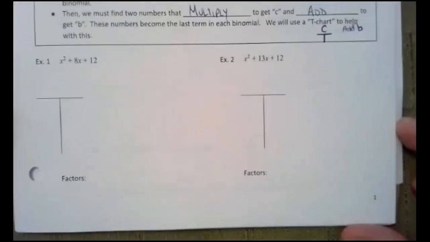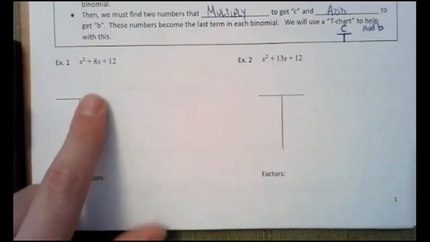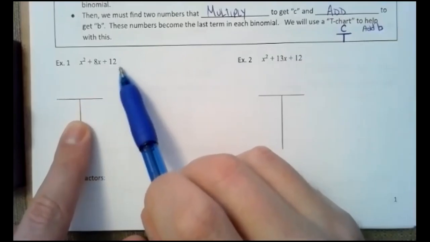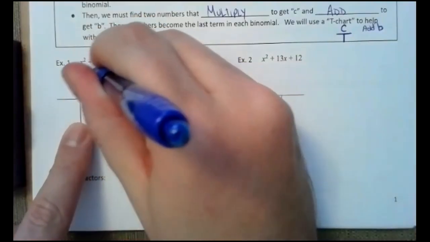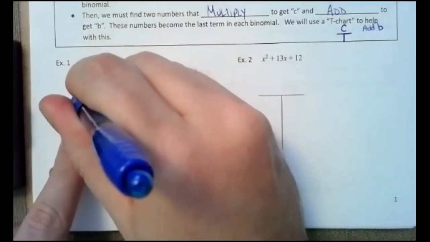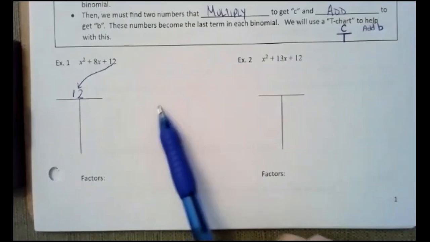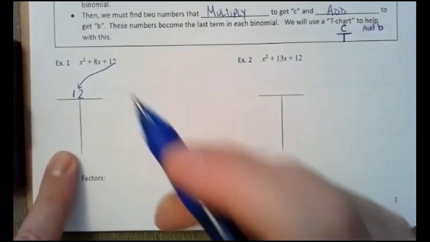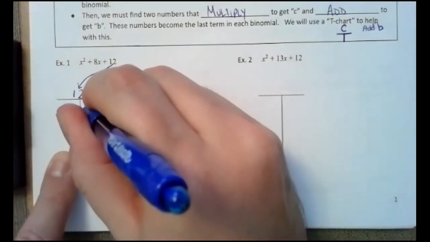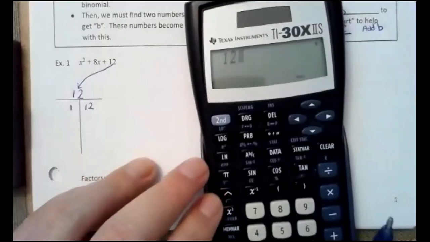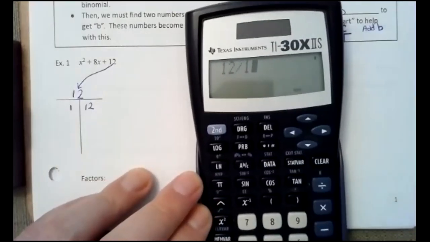Let's do the first two exercises down below. So what I said earlier is we're going to put the value of c on top of my t-chart. So take the value of 12 and put it on top of this t-chart. Now, just like our warm-up, we factored 12. I go in order, starting with 1 and 12. Now, if you don't know what numbers go into 12, certainly you can use a calculator, like 12 divided by 1.